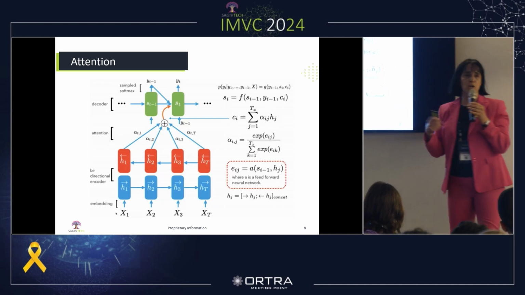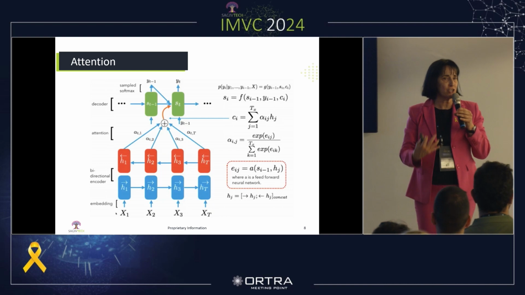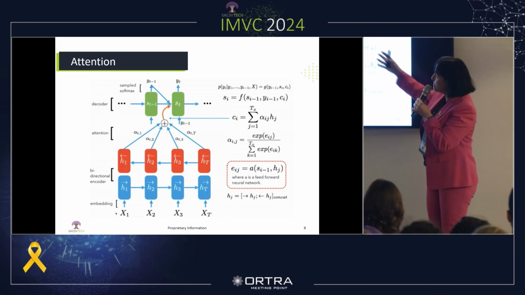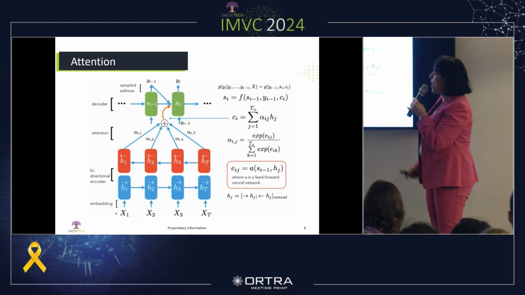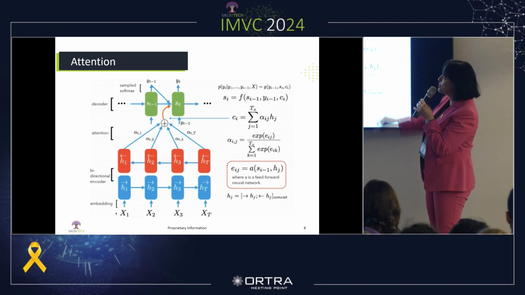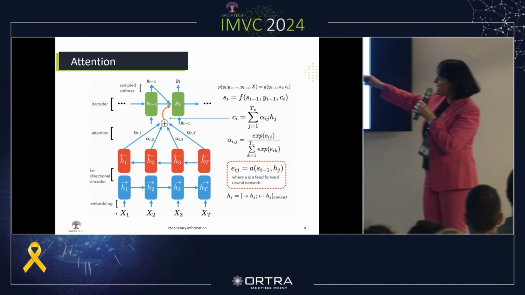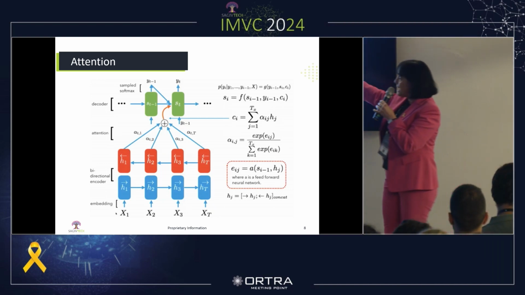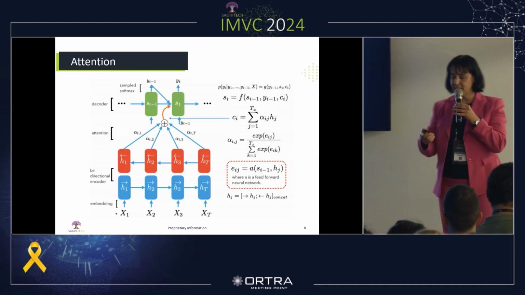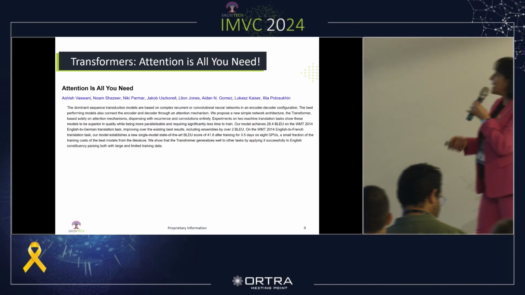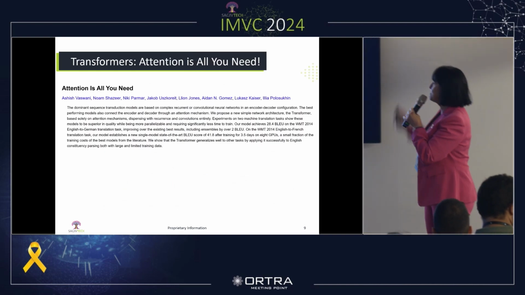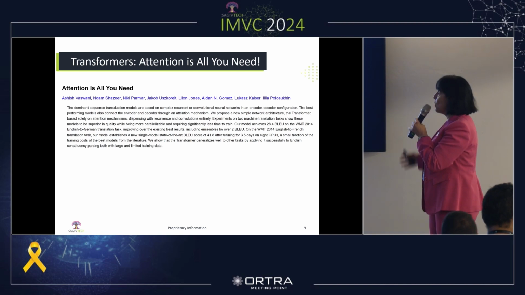And then you are creating some kind of an attention parameter, which would be some kind of an average of all the attentions, the relationships between the different encoder parameters. And this was a very, very important starting point, which culminated in this paper, Attention Is All You Need.